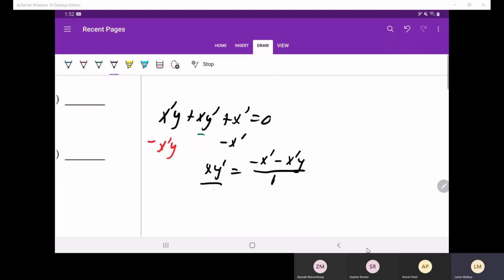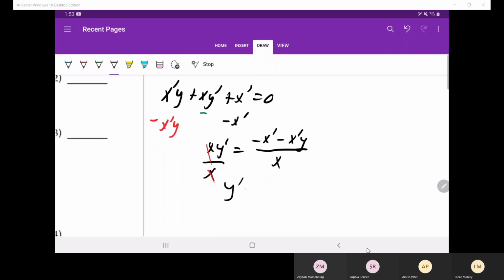Now I'm going to divide by x. These drop. Are we clear now on how I did the algebra?